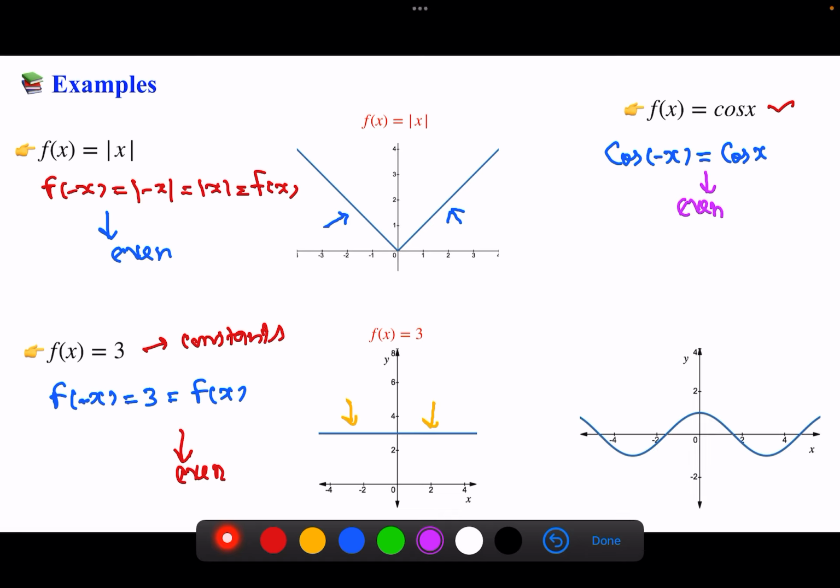If we draw the graph of this function, see, the graph of the cosine function also shows a symmetric wave pattern. See, this is the left side and this is the right side. So here you see that the left side is the mirror image of the right side about the y-axis. Hence, the cos x function is an even function.